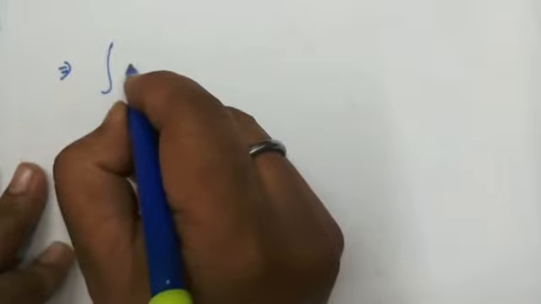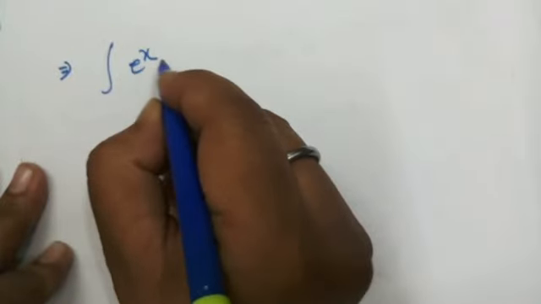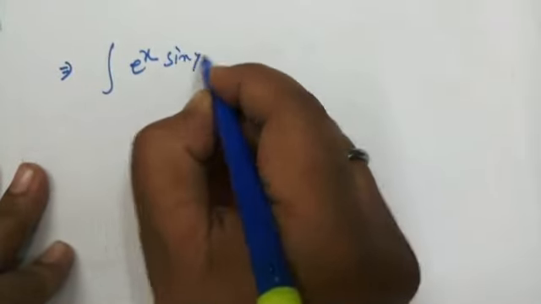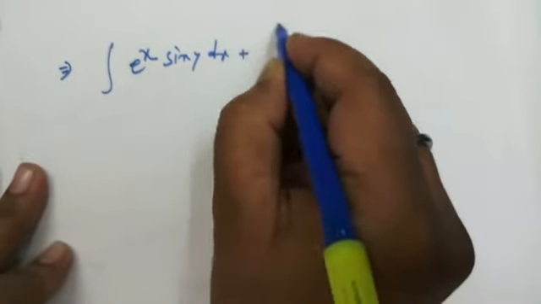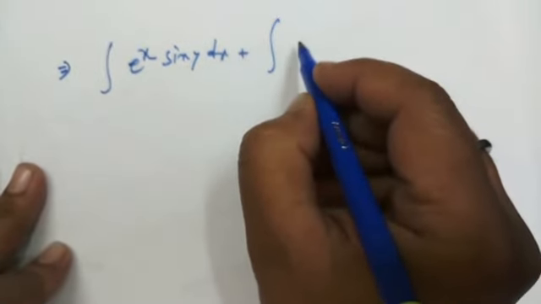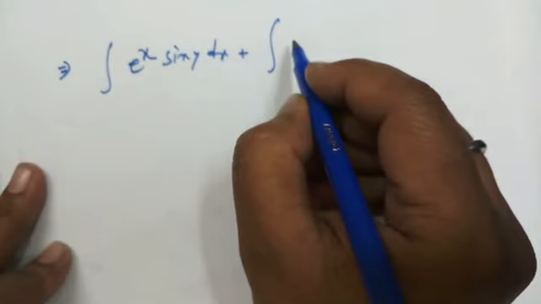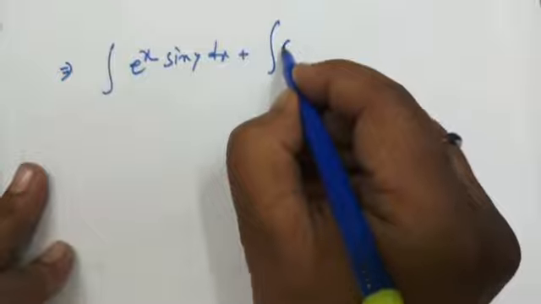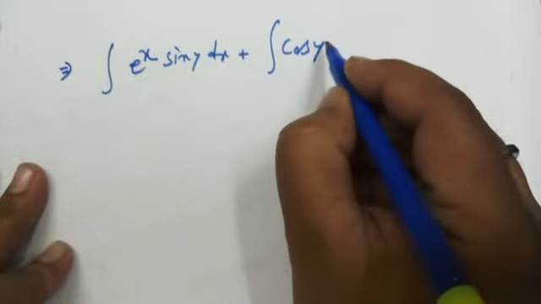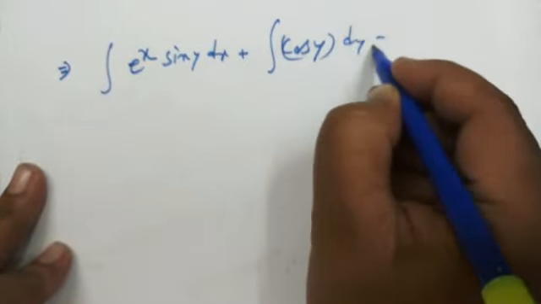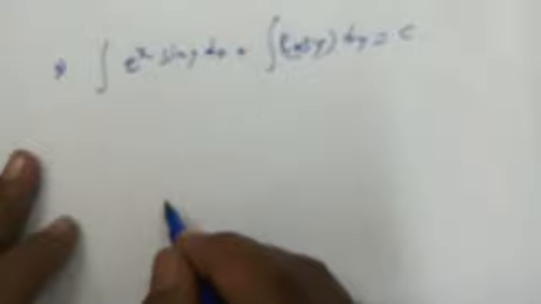The next step is the integral of m, e power x sin y dx, plus the terms of n not containing x. In n we have e power x cos y plus cos y, so cos y is the only term not containing x. So the integral of cos y dy equals c, an arbitrary constant.